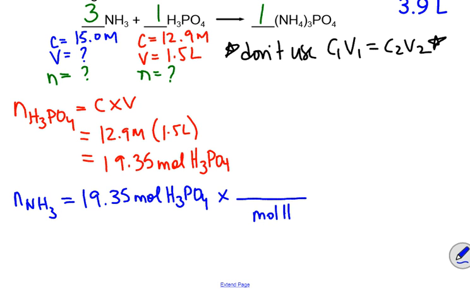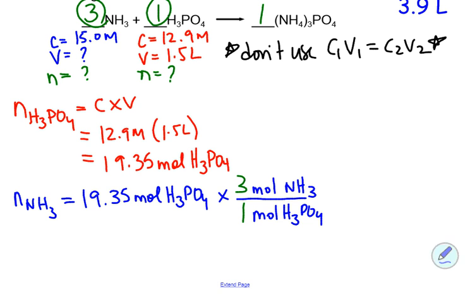Moles of H3PO4 goes on the bottom to cancel, and moles of NH3 goes on the top. So that's the unit that I keep. And the numbers that go in there are my numbers from my balanced chemical equation. So 3 and 1. So the 1 goes with the H3PO4, the 3 goes with the NH3. So I take my answer and I times it by 3, and I get 58.05 moles of NH3.